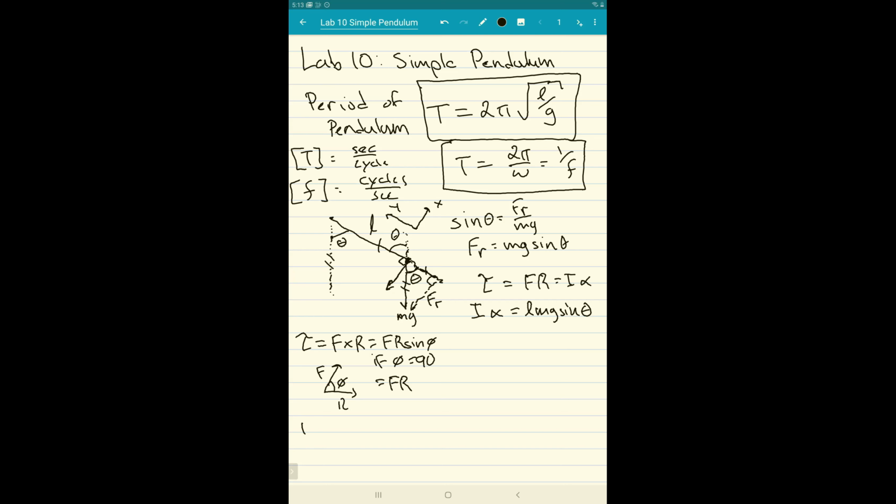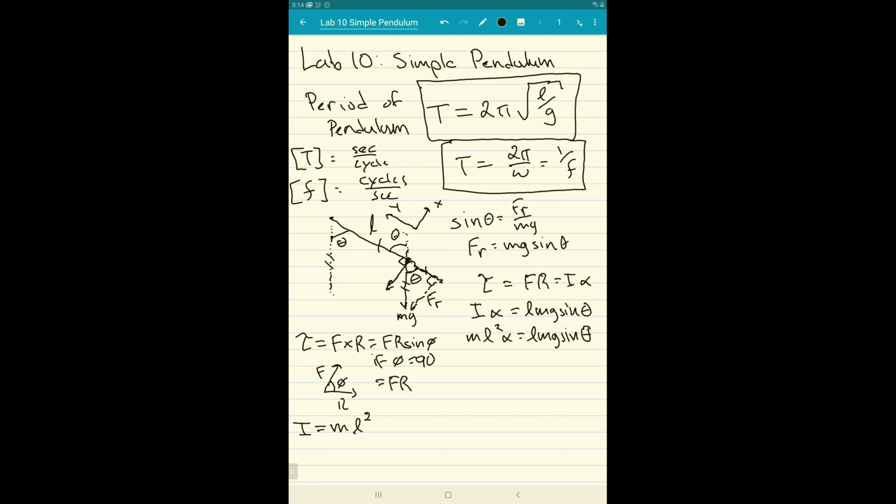And I for a pendulum, we're assuming it's a massless string with a mass on the end, and whenever you do that, it's the mass times the radius squared. In this case, the radius is L, so it's going to be mass times length squared. This is just for any system that has a mass on the end of a weightless string. So that's going to be mL squared alpha equals L mg sine theta.